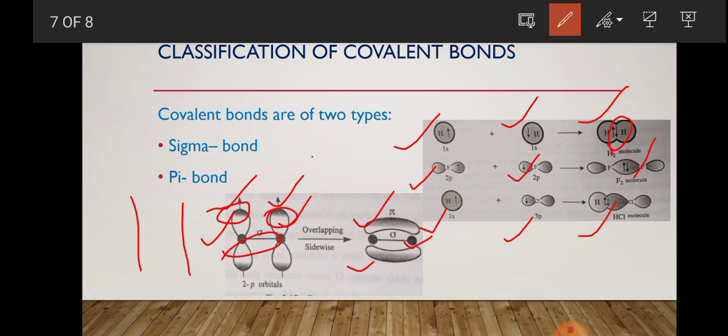The electron density at the partial orbital overlapping remains lower. Hence, the pi bond is weaker than the sigma bond.